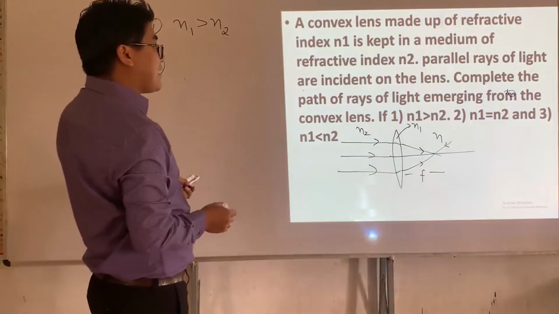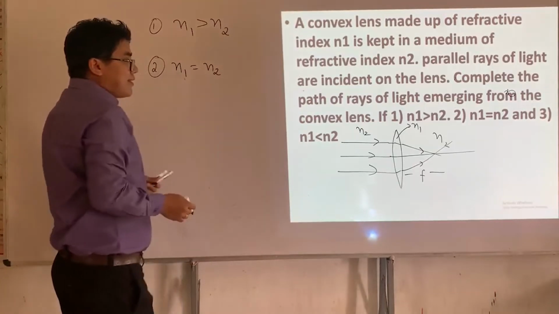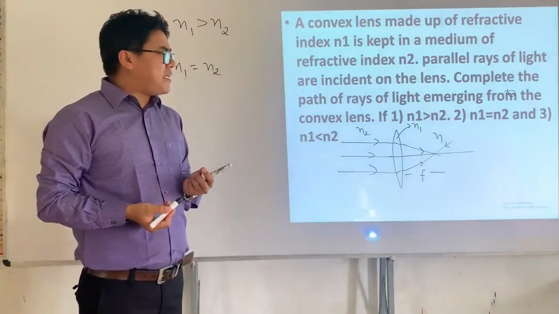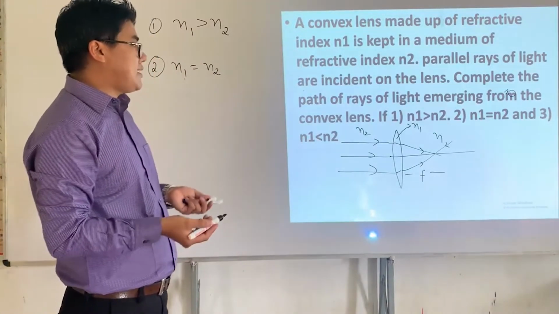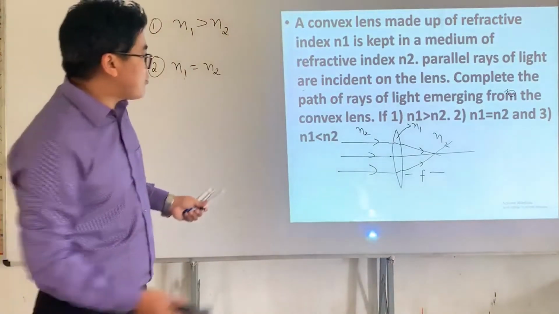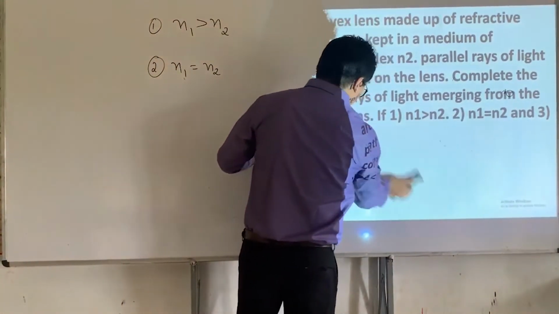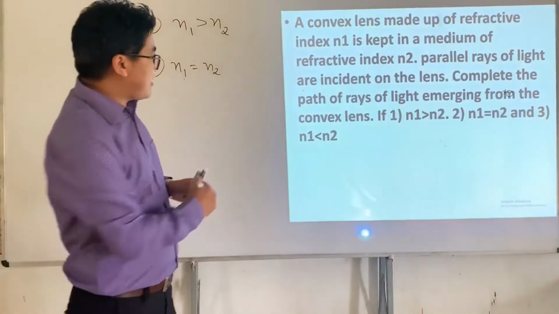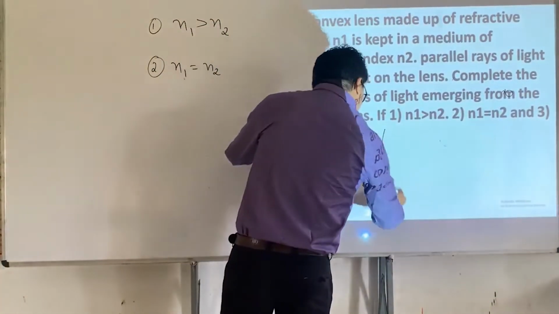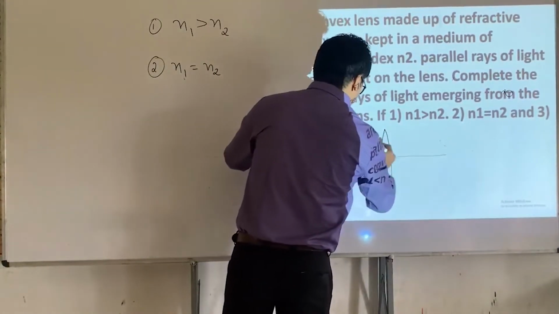Now the second problem is that if N1 is equal to N2, that means it is the same medium and nothing changes. The ray doesn't undergo any refraction when it passes through the same medium, right?